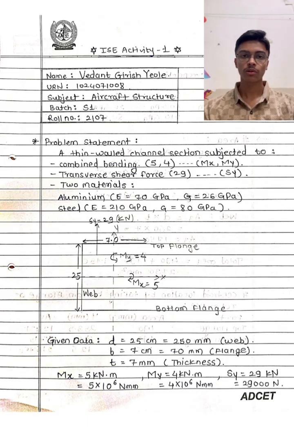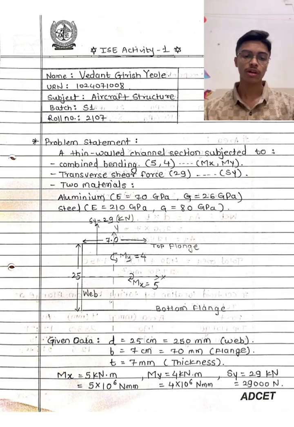First of all we have to convert Mx. It is given in kilonewton meter, so we have to convert it into newton millimeter. Mx is equal to 5 kilonewton meter, so by converting it into newton millimeter we get 5 into 10 to the power 6 newton millimeter.